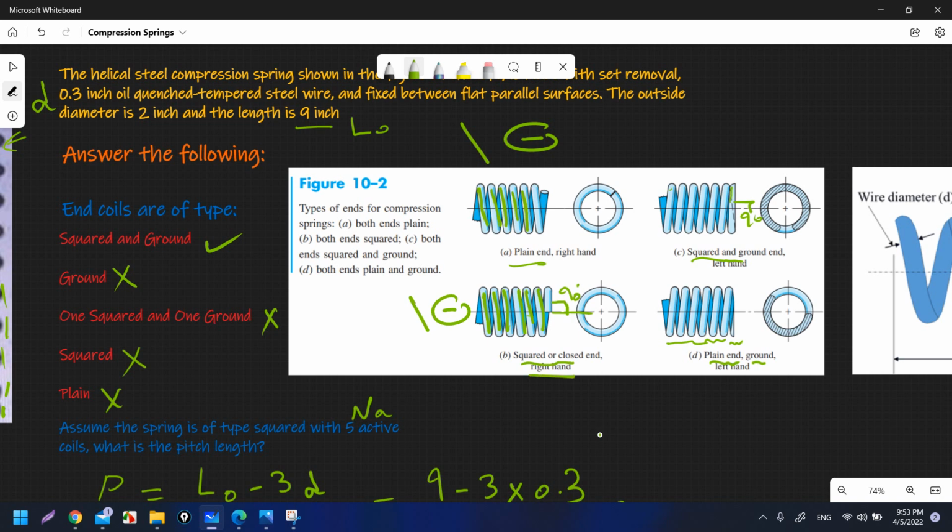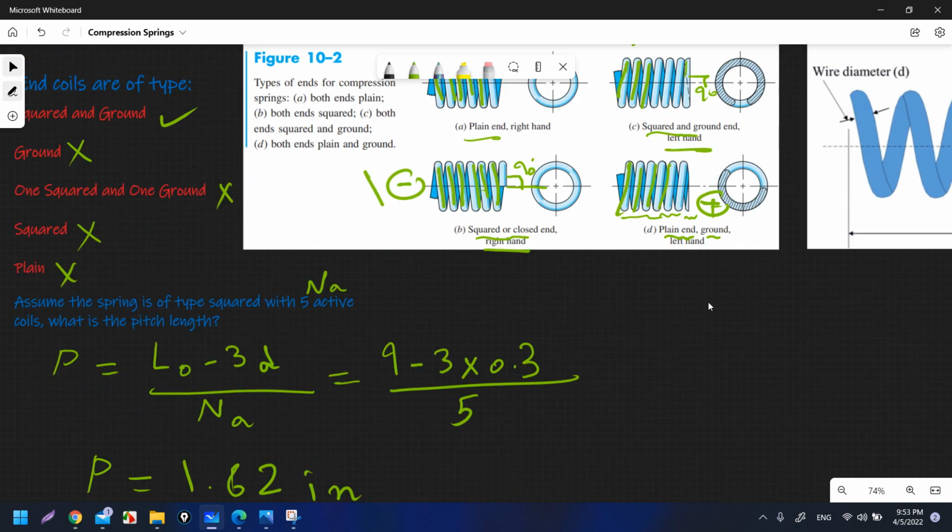Here the slope is positive, so this one is left hand. Here also the slope is positive, so it is left hand. So that is how you can decide if it is right hand or left hand. That is the easiest way, I think, to decide.